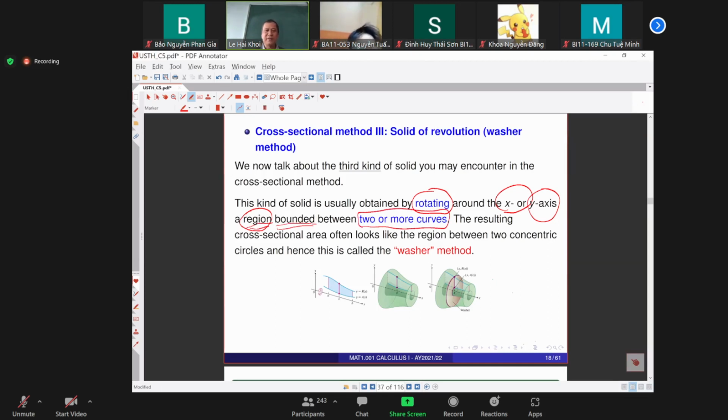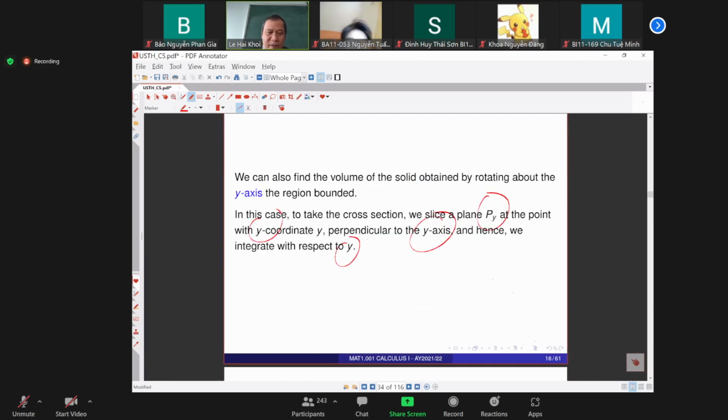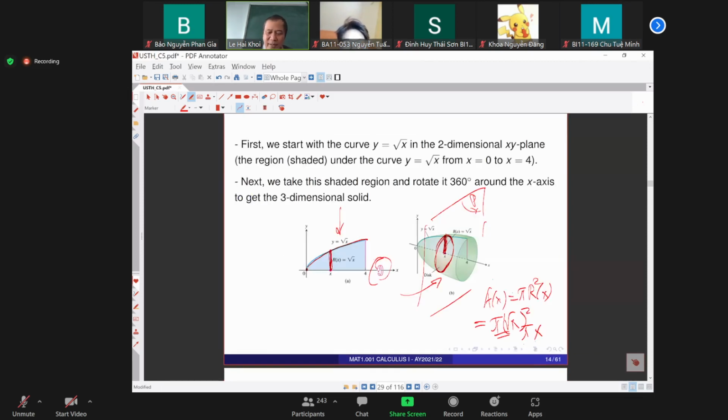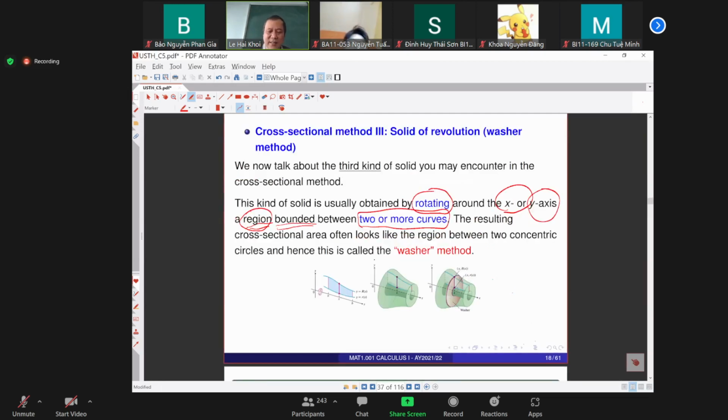You see, for the second method, you have only one curve and rotating. But in the case you have two or more curves like that, you have this curve, R big x, R small x, and the area here, that part, you rotate this region.